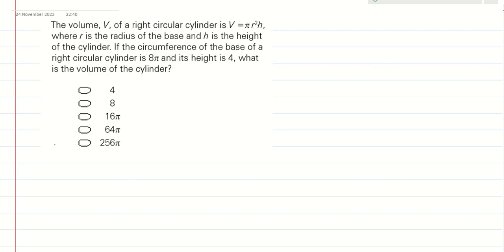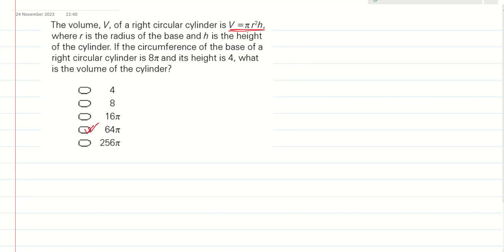Let's try this one. The formula is already given, where radius is the... correct, 64 pi.